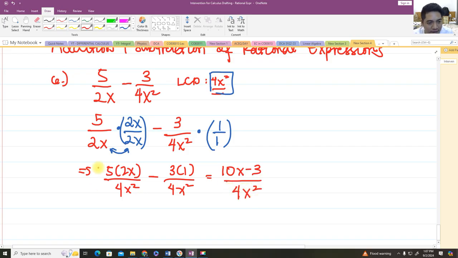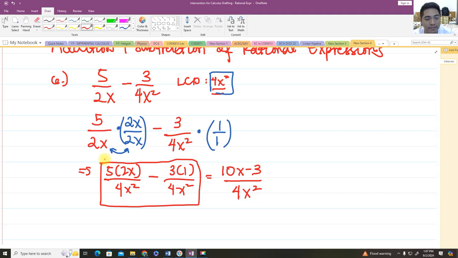I can simply rewrite these two terms as a single term, since they have the same denominator already, and I can subtract. Since we don't have any simplification further for our answer, this will be our answer.